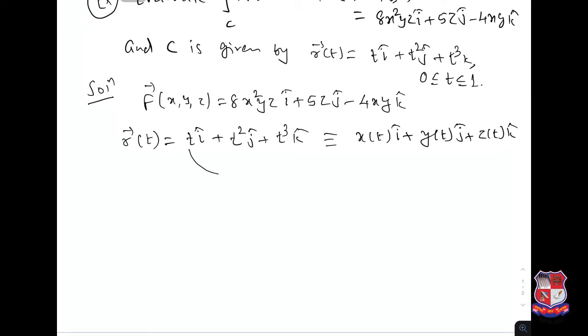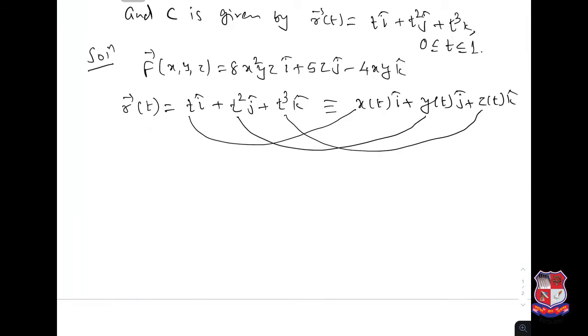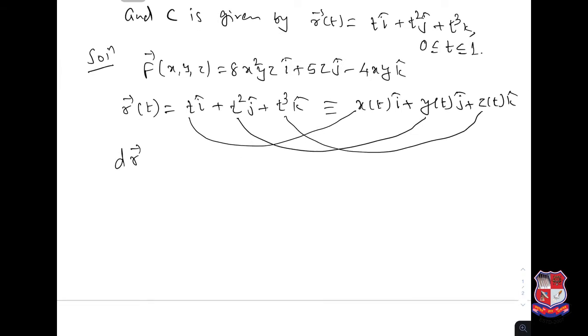So x is t, y is t square, and z is t cube. That is the value of x, y, z. Now dr is nothing but the derivative of r with respect to t, so that is i plus 2t j plus 3t square k.